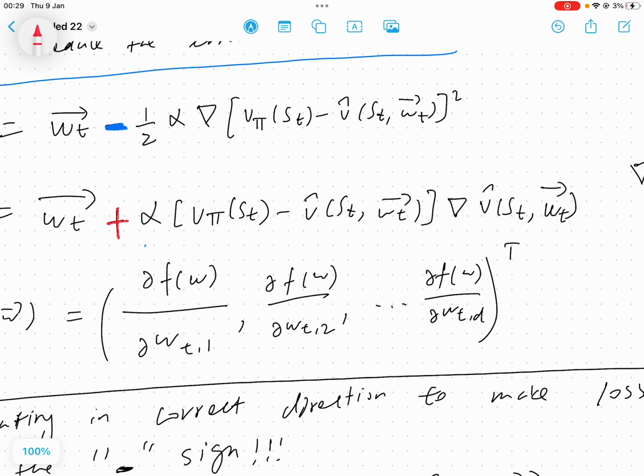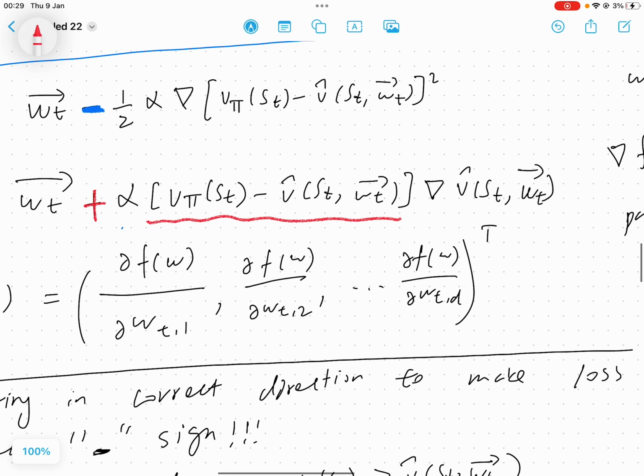After taking the first step of the derivative, that would be this part, right? Canceling the square and the half. And by the chain rule, it's very important to have the other part. We still need to take the gradient of this v hat, because we have a W_t here instead of this function, right? So we're going to take that with respect to W_t.